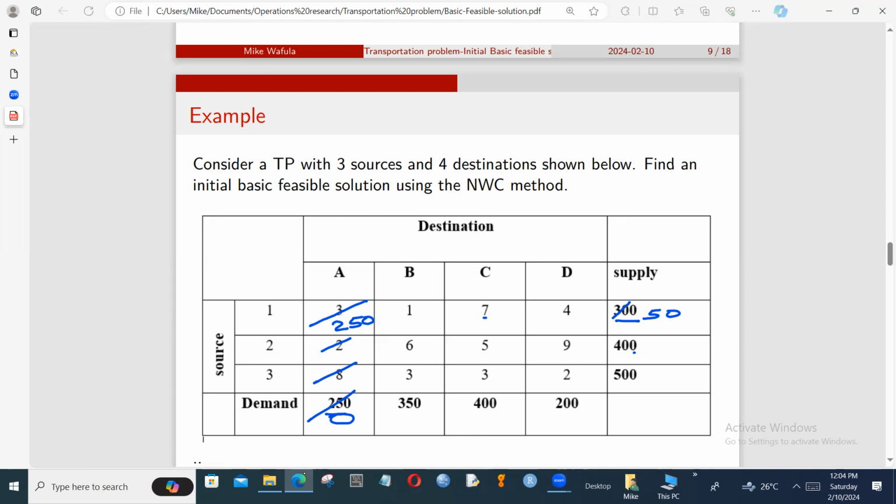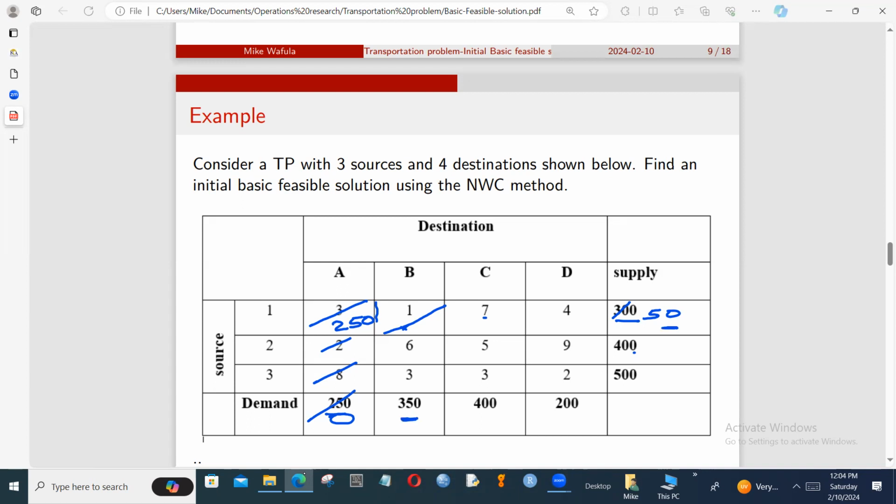So you remain with column 2, column 3, column 4, and this other cell. Among these remaining cells, the northwest corner one is this particular one. You draw your other line, and then you begin again comparing the row total. Now the row total is 50, no longer 300, and you compare it with 350.